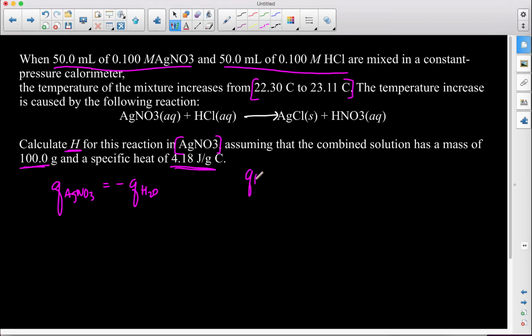Now let's go ahead and calculate the Q of my water. Q of my water is equal to mass times C times delta T. So the mixture increases from 22 to that, so 23.11 minus 22.30 degrees Celsius.